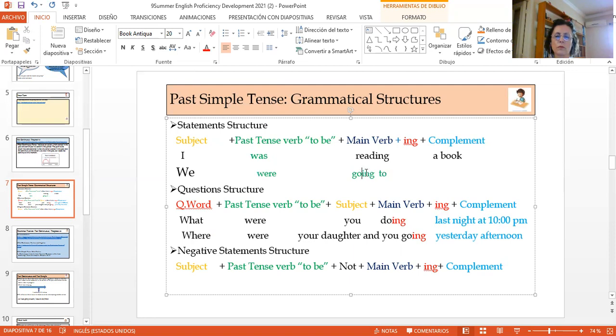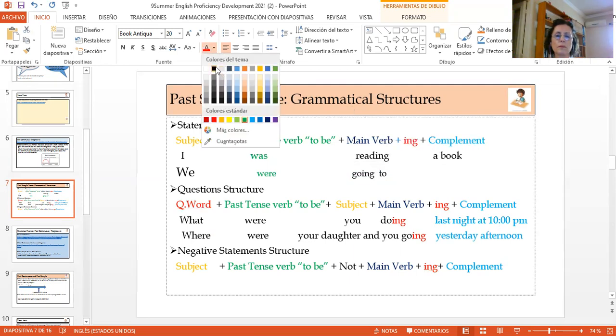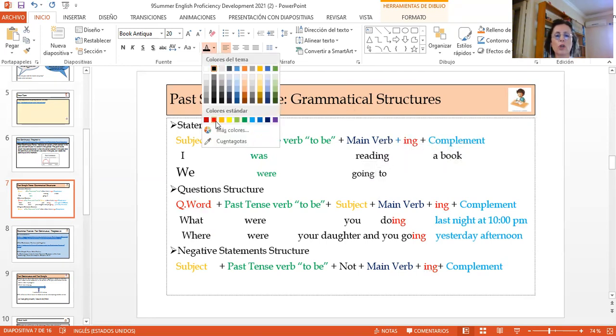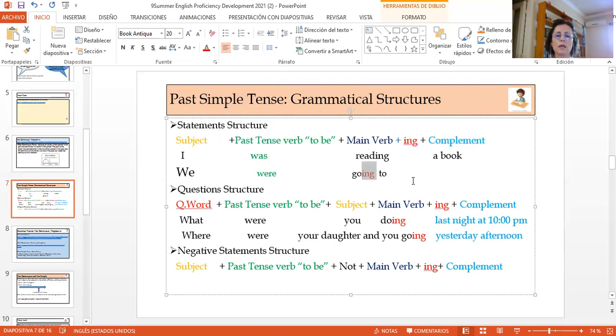Where were you going? Someplace. So the only option here is going with a collocation, for example, an activity: we were going shopping, walking, or going to a place.